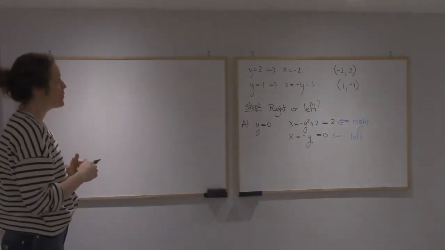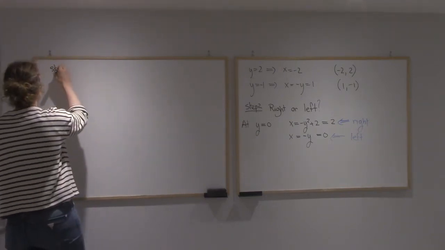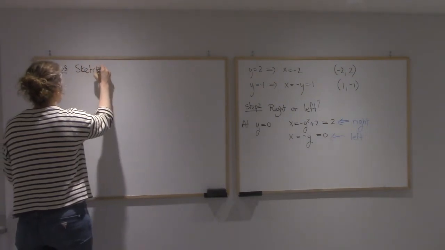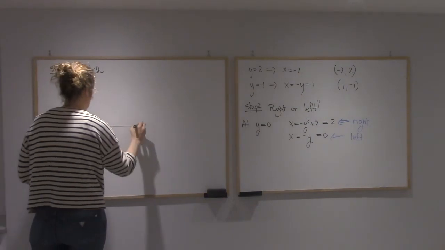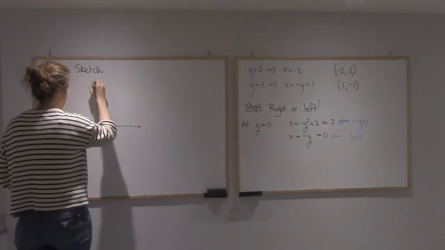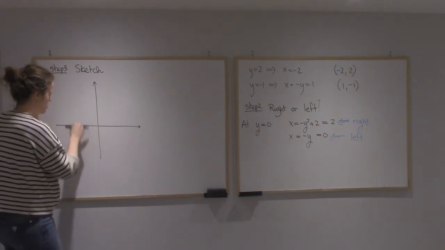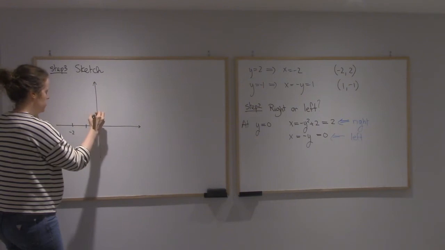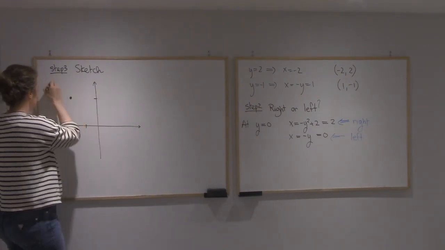Alright, so let me put my intersection points first. So I have minus 2, 2.